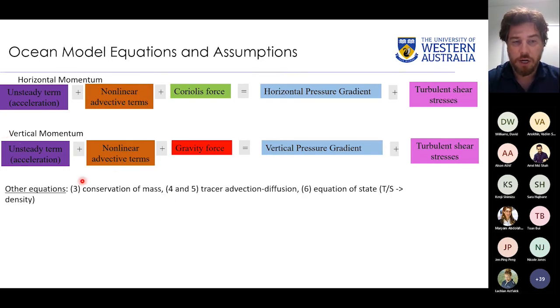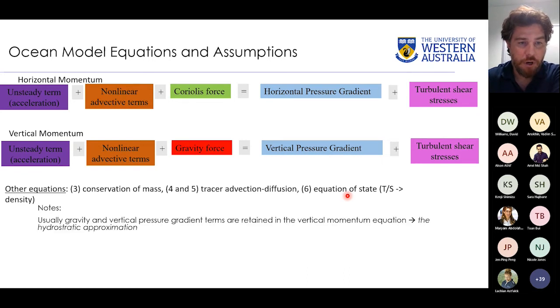And then there are other equations that link conservation of mass, the evolution of tracers like temperature and salinity, and an equation of state that links the tracers back to fluid density. A few notes on this. In terms of the vertical momentum equation, we usually drop all the terms and just keep these two, and that's the so-called hydrostatic approximation.